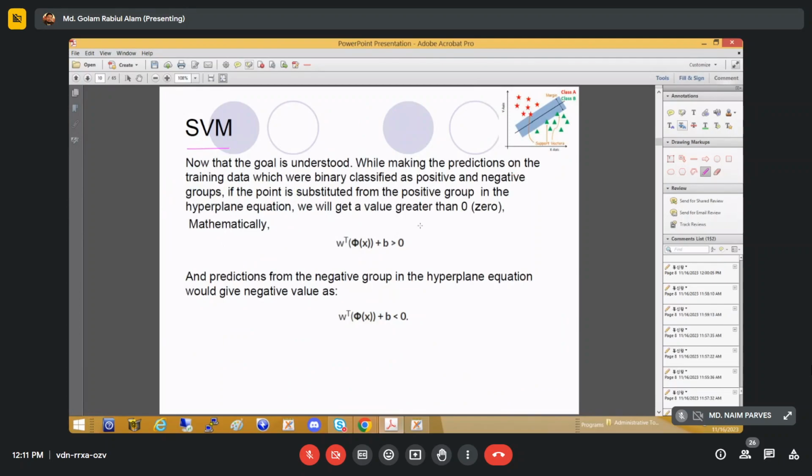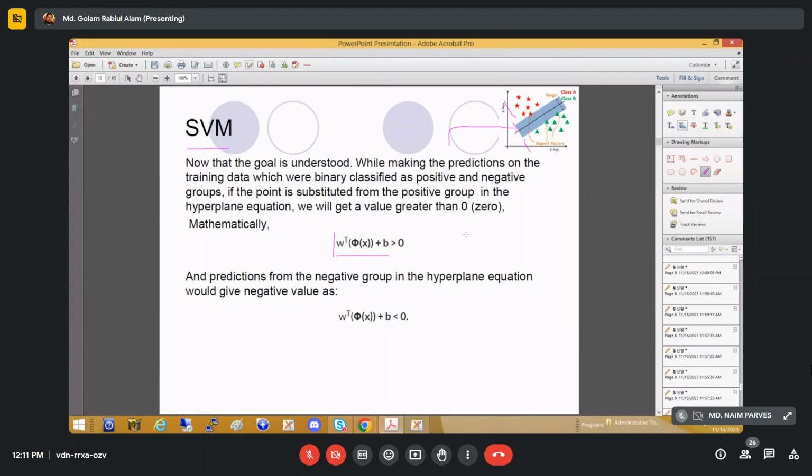So now how to classify? If we have a line like this, a few points will be above the line and a few points will be below the line. Whether all the points above and all the points below are correctly classified or not, for that we have to test this one: W transpose X plus B. We know this equation.